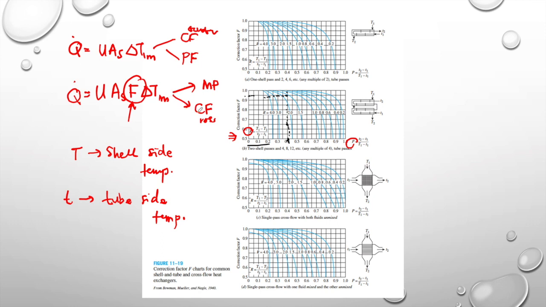We can find it based on the R and P values from this figure. But hold on that part; I will focus first on the delta T log mean. So let's take a look at delta T log mean first.